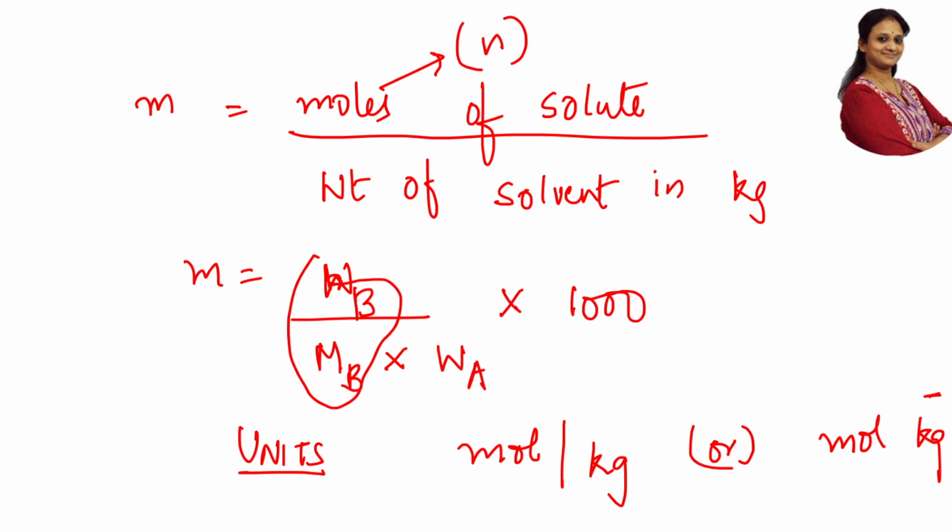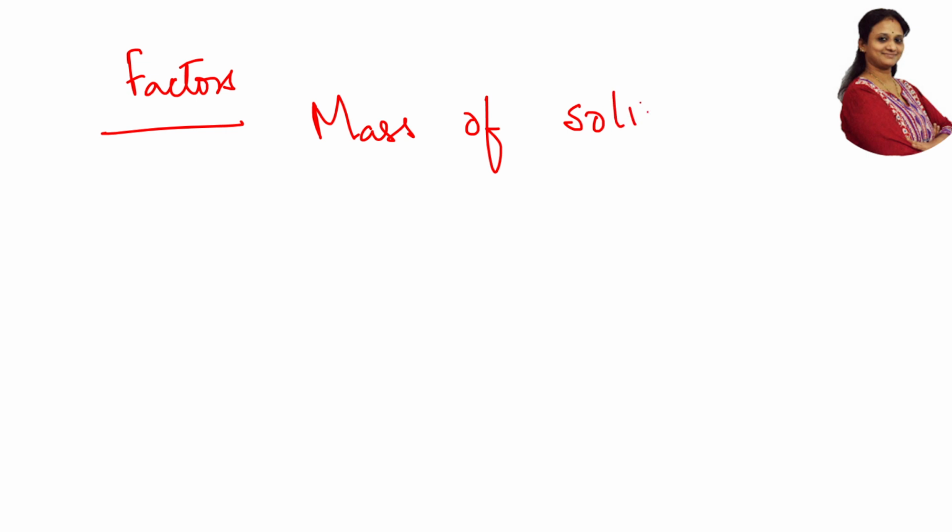Yes, I can write. As you see, everything is weight only. Is there any volume concept? No. If volume were there, according to Charles' law, it would be directly related to temperature. So remember, molality depends upon the mass of solvent, not on solution, because we are talking in terms of kg.